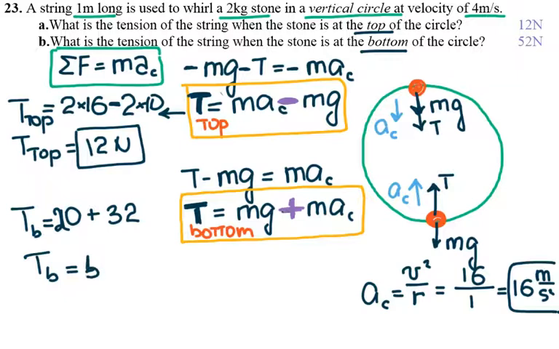So that is 52 newtons. mg is 2 times 10. So this is an interesting case where you have to look at the differences at the top and the bottom when the object is moving in circular motion, and the circle is a vertical circle.